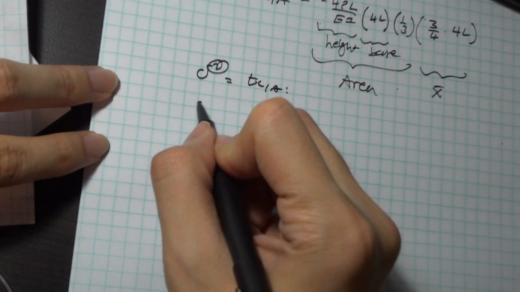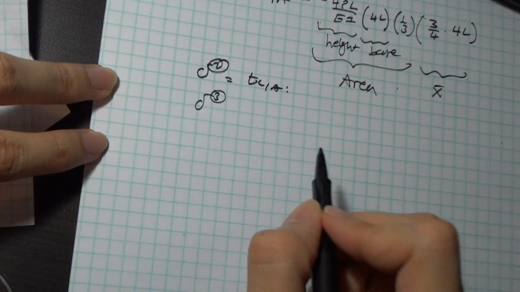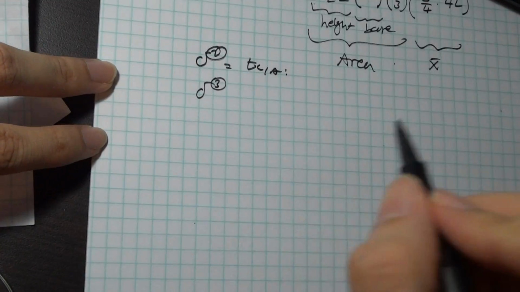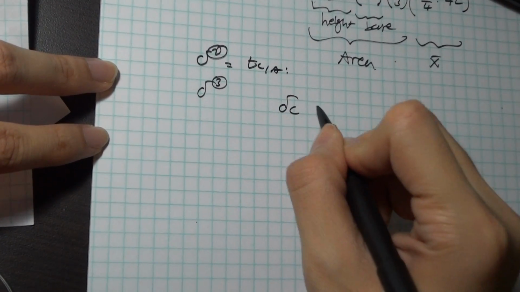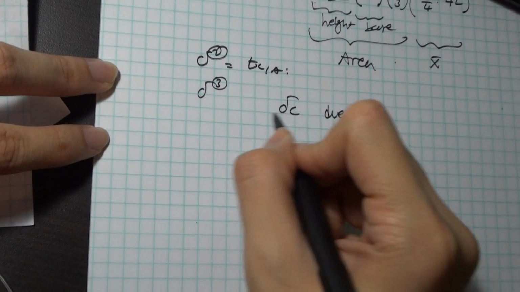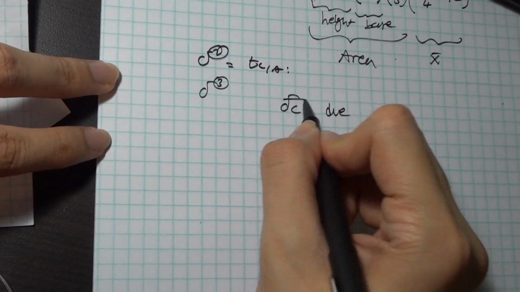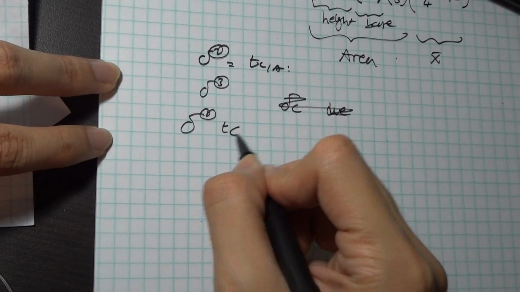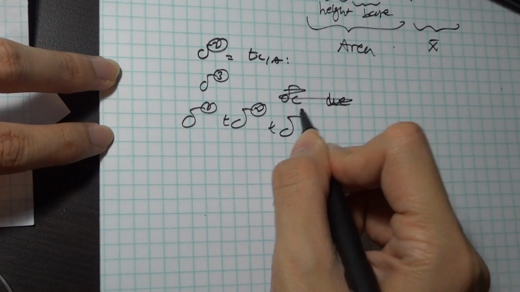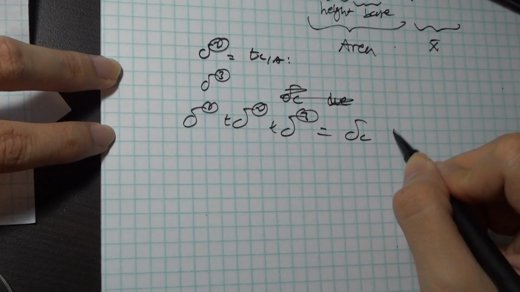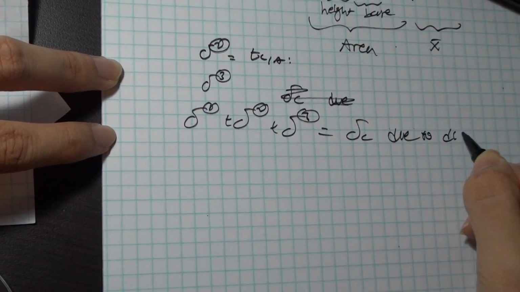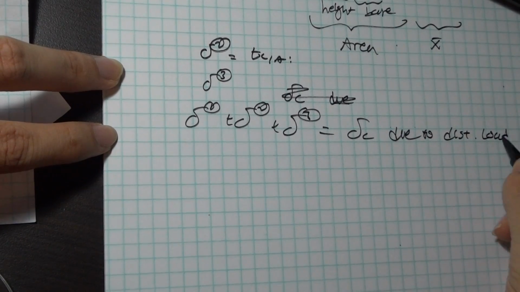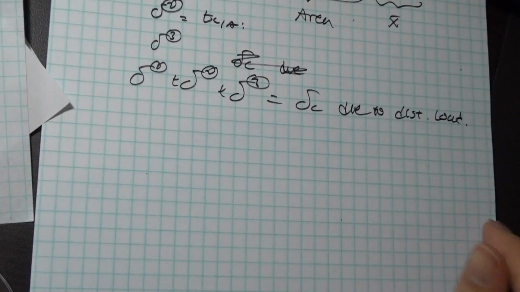I'm going to do that for delta 2, delta 3. I'm going to add all those together, so delta 1 plus delta 2 plus delta 3 is equal to delta C due to distributed load.